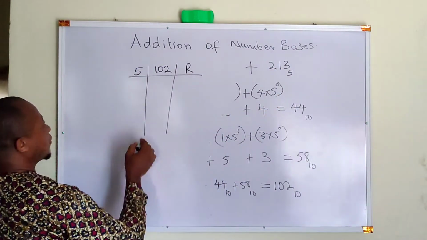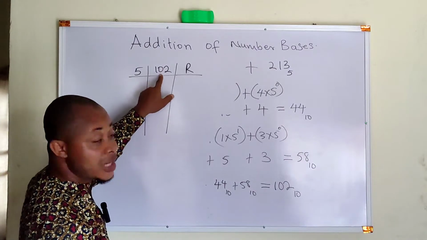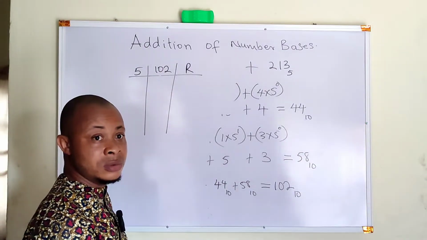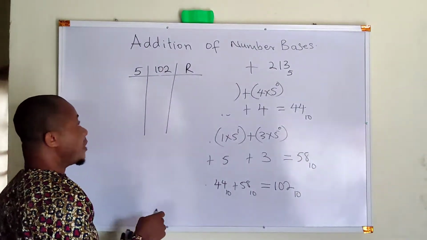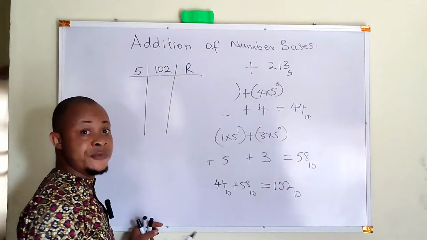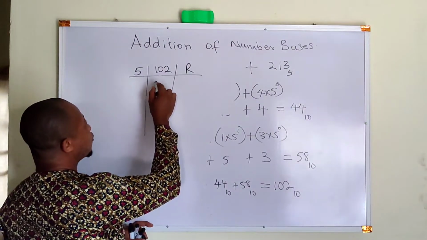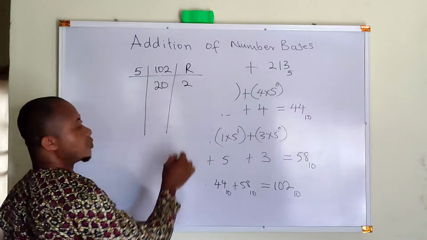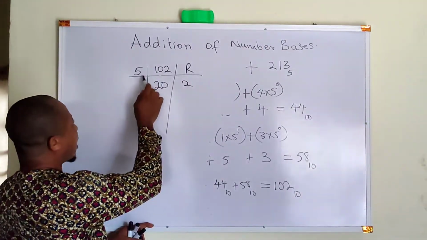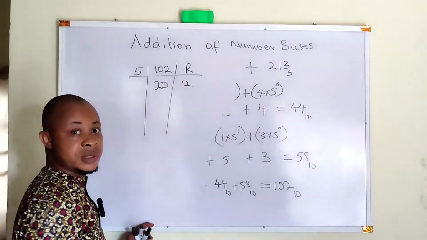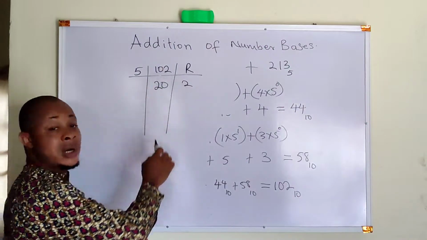So we have 5 divide 102 will give you, remember, 5 divide 100 will give you 20. So we have 20, remainder 2. Because 5 times 20 will give you 100. 100 plus 2 will give you 102.